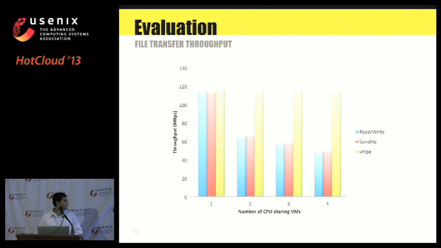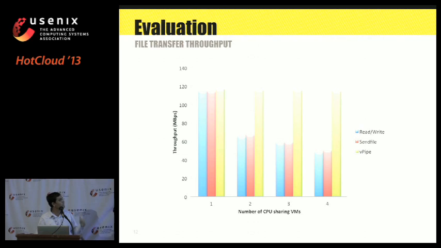In the first case, when there's one VM running in the system, we don't see any difference because it's the only VM running, and we don't see the actual overhead in the throughput. I'll show you the CPU graphs later, but right now the throughput can remain the same even though it consumes more CPU.